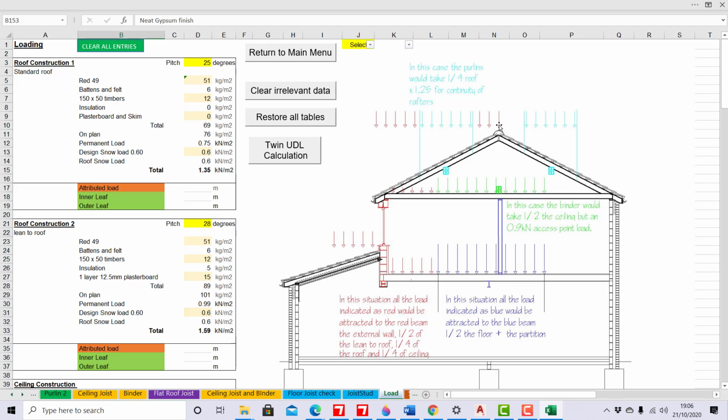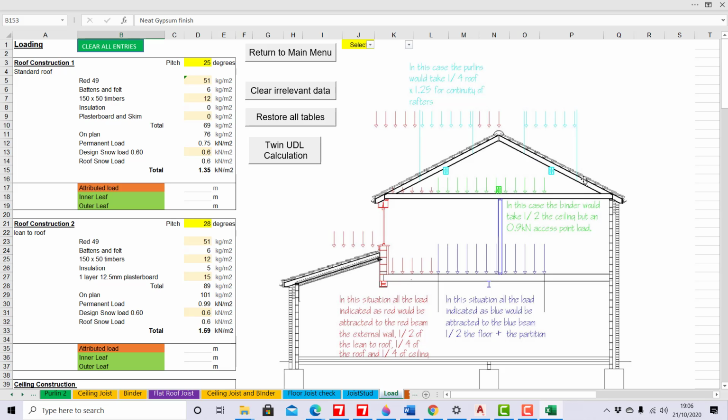So as you're well aware, all the roof loads are taken on plan, because we work it out on plan. There's the load on slope, and there's the load on plan. So if that's 4 meters, then from there to there is 2 meters.